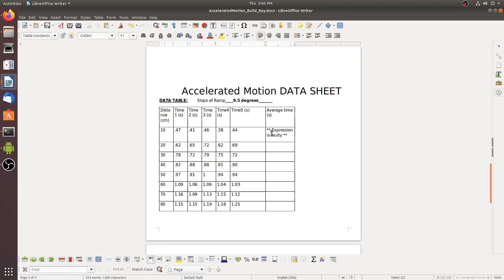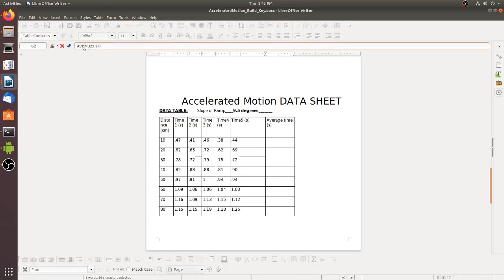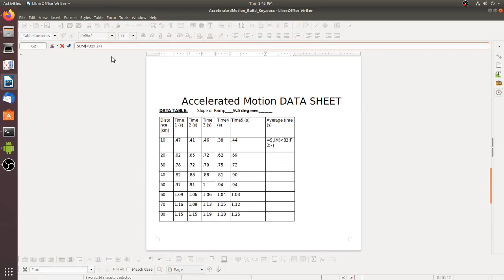Nope. I know what I can do. I can say sum. That one's got to be right. Sum divided by 5.